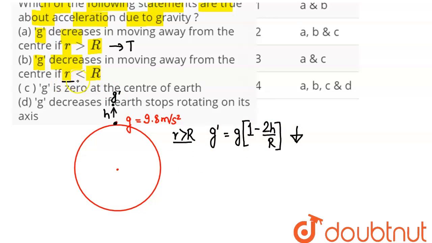Now coming to the second part, if r is less than R, which means we are at a depth, let's say d.